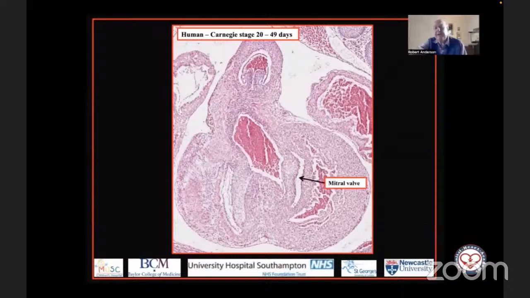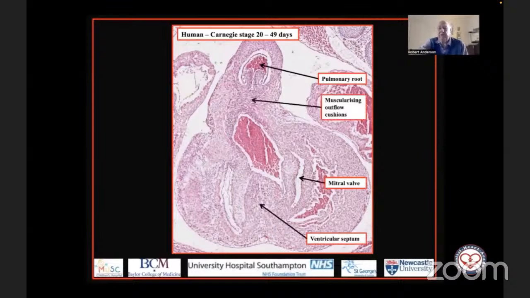It's a short axis section, so you can see the developing mitral valve, developing ventricular septum, and to the top, we see the pulmonary root. These are the outflow cushions that are now muscularizing, because that muscularized shell will become the freestanding subpulmonary infundibulum. And there is the subaortic outflow tract.